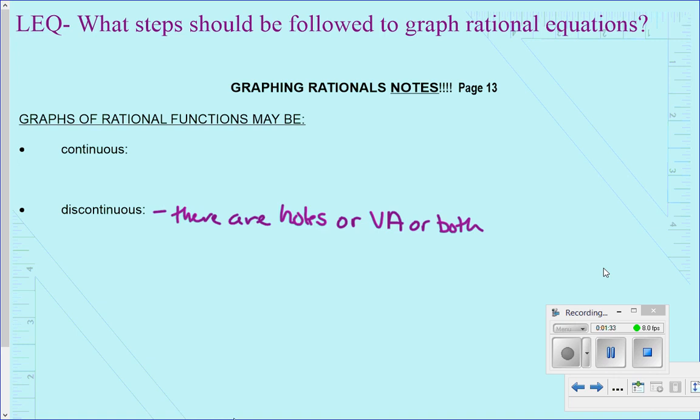The reason is, if you think back to that hyperbola, we drew the first curve, and we had to lift up our pencil to draw the second curve. So discontinuous, you must lift your pencil to draw the graph, versus continuous, there are no holes or vertical asymptotes.